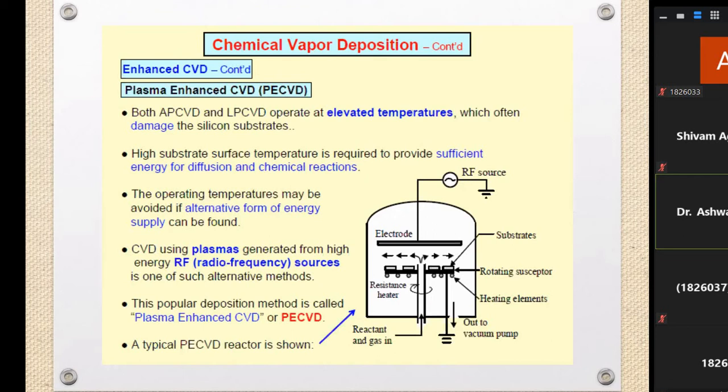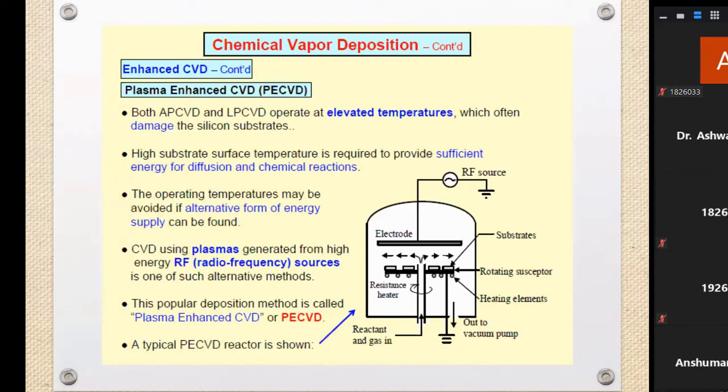A radio frequency source can be electromagnetic radiation in the frequency band of 3 kilohertz to 300 gigahertz, or alternating current in the same frequency. So radio frequency is an electromagnetic radiation or an alternating current in the same frequency.